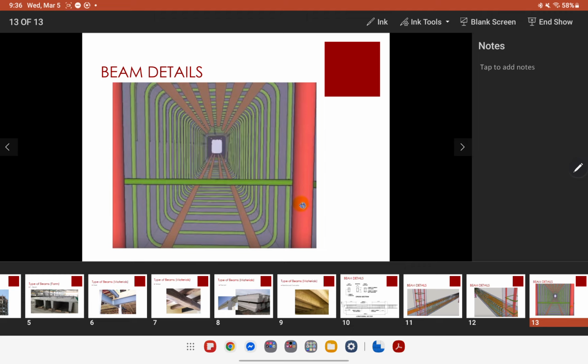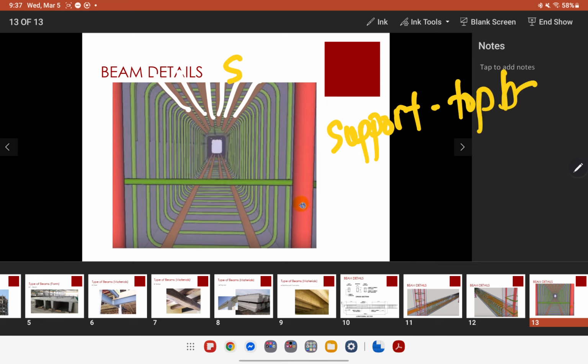So this is how it looks like, although we cannot really see the other end. But like what I've said a while ago, there's more rebars at the support for top bars. So at the support, there are more top bars, while for the bottom bars there's more in the midspan.